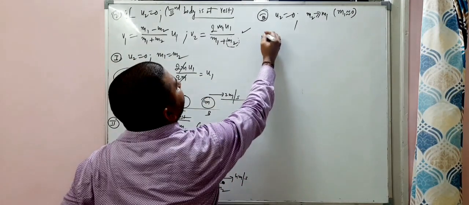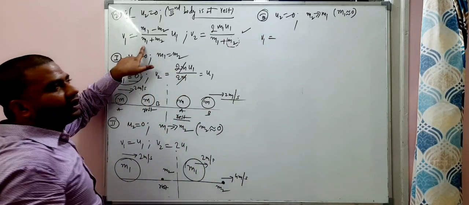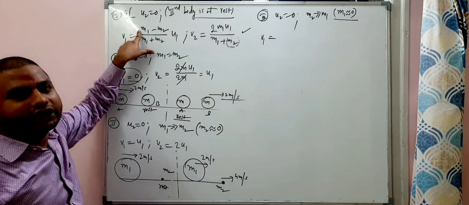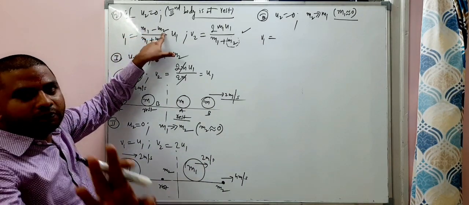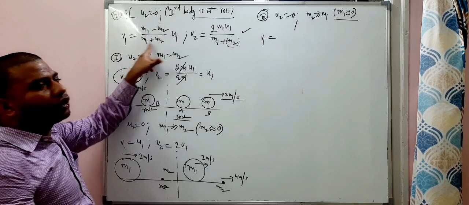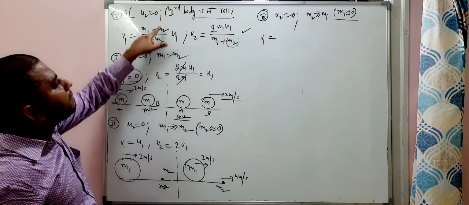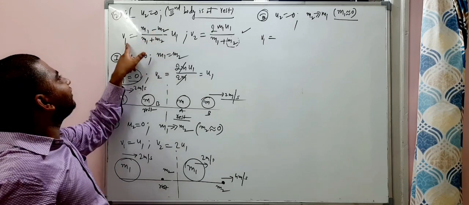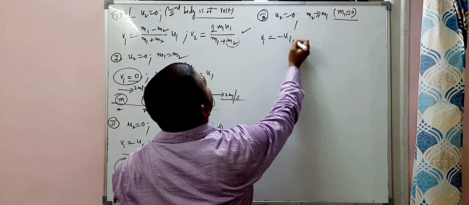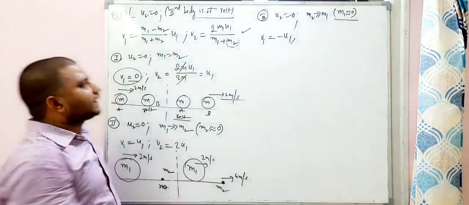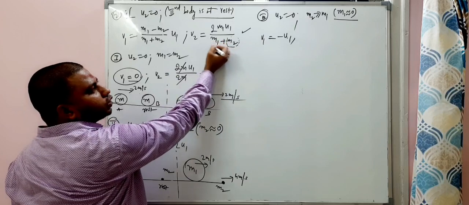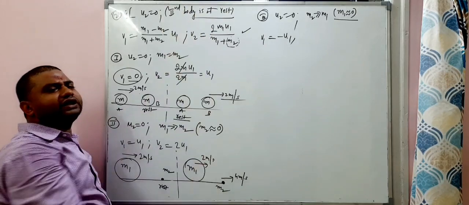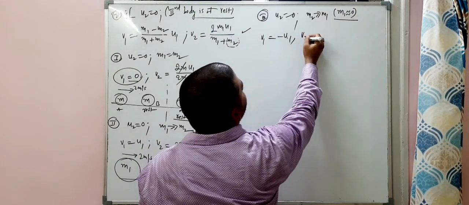Here see what v1 becomes. m1 is considered as 0. In place of m1 put 0. So this is 0 minus m2, and 0 plus m2, so minus m2 plus m2. m2 cancels but the minus remains. So v1 is equal to minus u1. And here m1 is 0, so this part will be 0, the numerator is 0, the complete expression will be 0, v2 is 0.